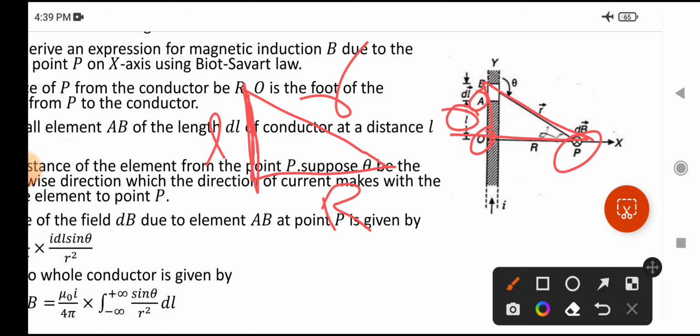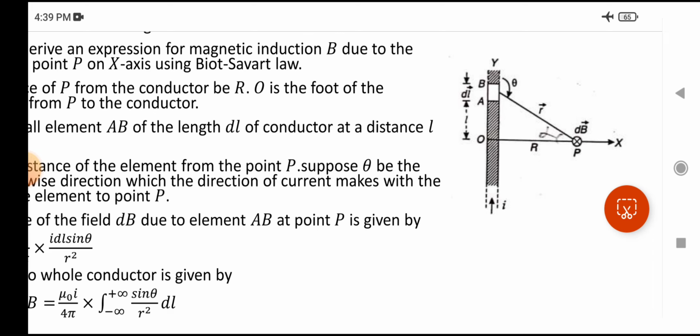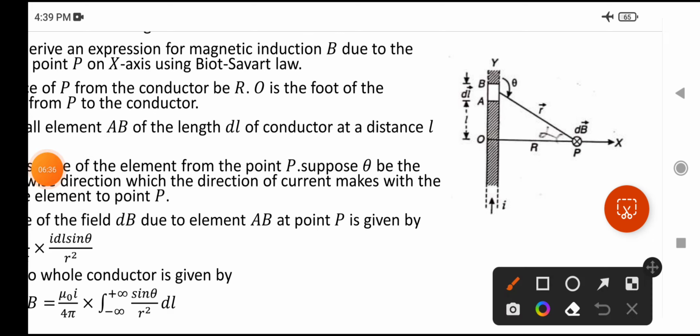One more thing: here the angle is theta, and the total angle we know is 180.